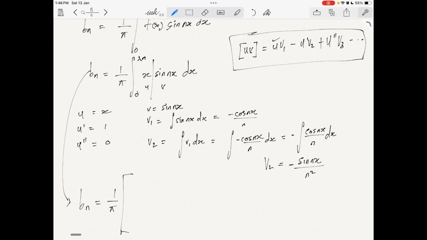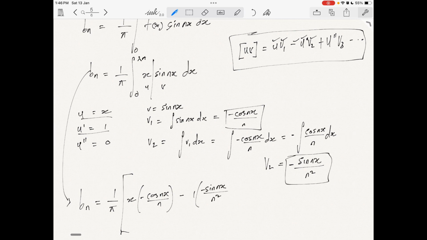So we start with u is equals to x, v1, which is minus cos nx over n, minus u prime, which is 1, and v2, which is minus sine nx over n squared.